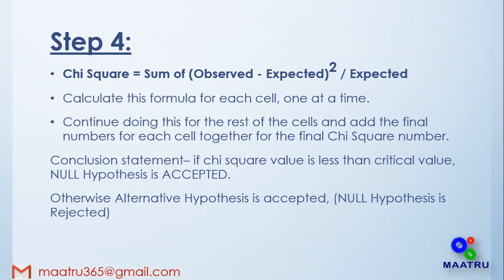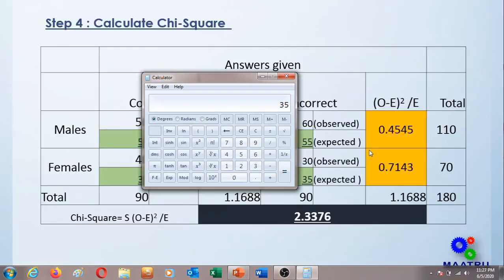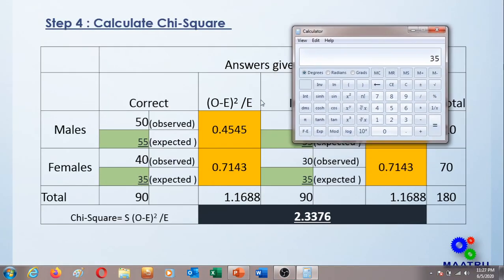Let's see the calculation. Here the observed value is 50 and the expected value is 55. 50 minus 55 equals minus 5.